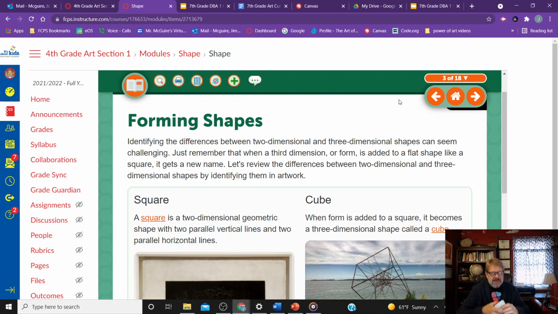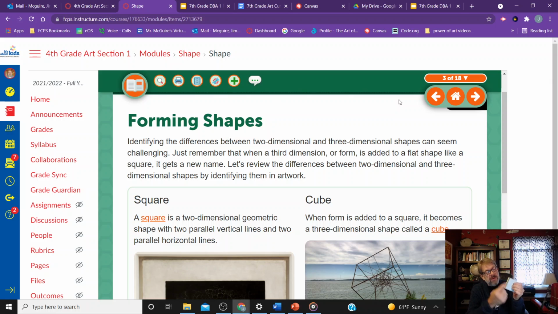But if I have a stack of them, now I'm beginning to get a form, because it's not just two-dimensional now. I have height and width, but now I'm starting to get depth. It goes back into space.